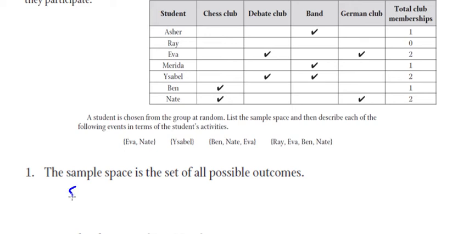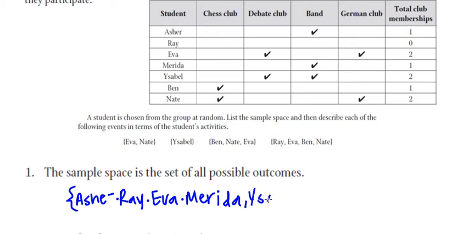So here, when I go to list all of the outcomes, I just have to list every single one of these people. So that's going to be Asher, Ray, and we put them in brackets. Eva, Merida, Isabel, Ben, and Nate. So we know that that right there are all of our possible outcomes.